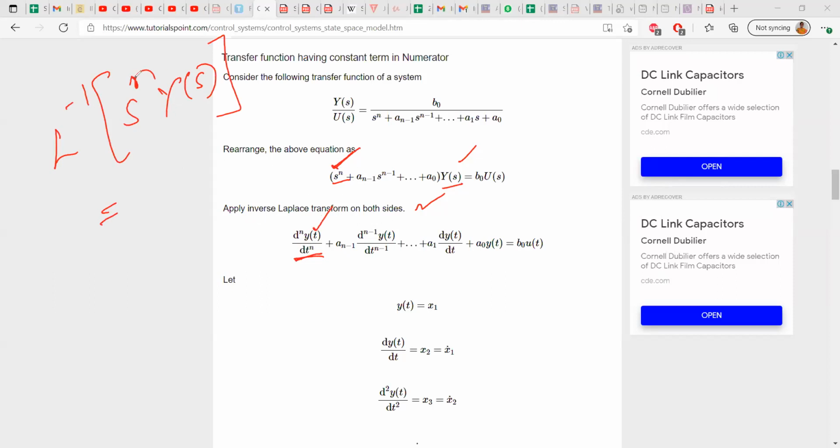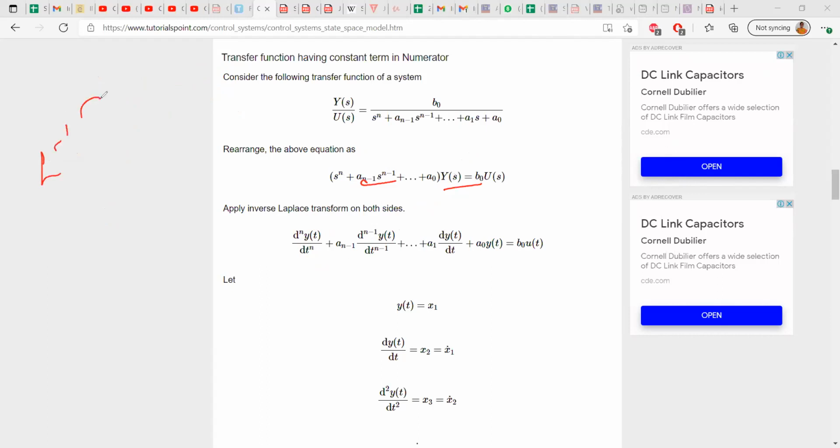s power n into y of s gives the nth order derivative of y of t. Right. Nth order derivative, that is d power n y of t by dt power n. Similarly, L inverse of a n minus 1 coefficient s power n minus 1 into y of s gives this term.